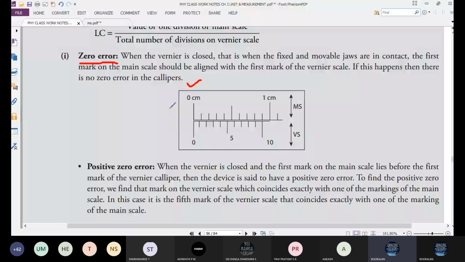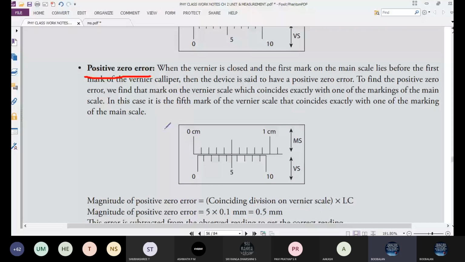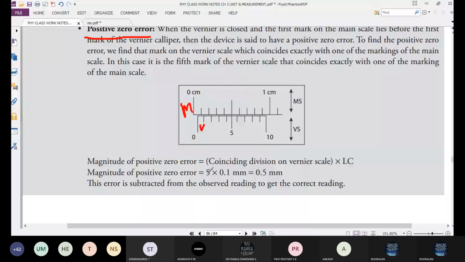Okay. The next one, positive zero error. This is the main scale. This is the Vernier scale. The formula: the coincident division on the Vernier scale into least count. See here, in this 5th place only it is coincident. So 5 into least count value 0.1 mm for the positive zero error.